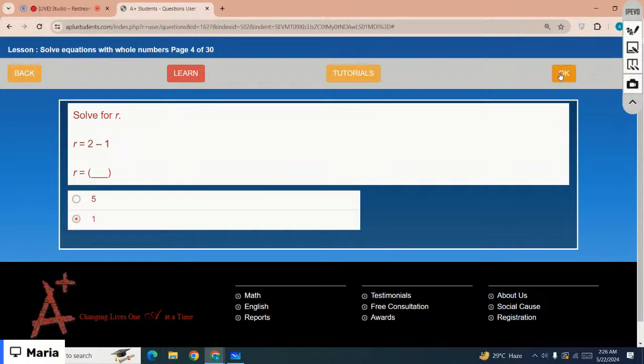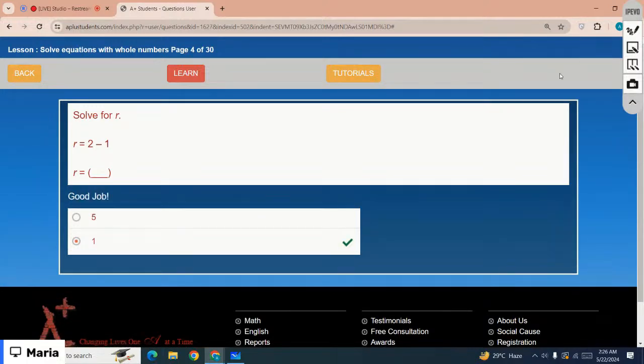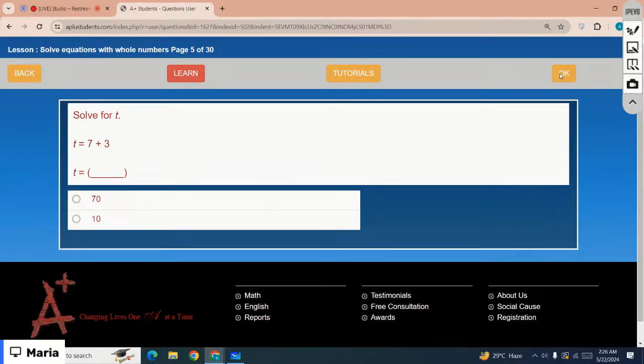Okay, the next one is solve for p, t equals 7 plus 3, which is the correct option?